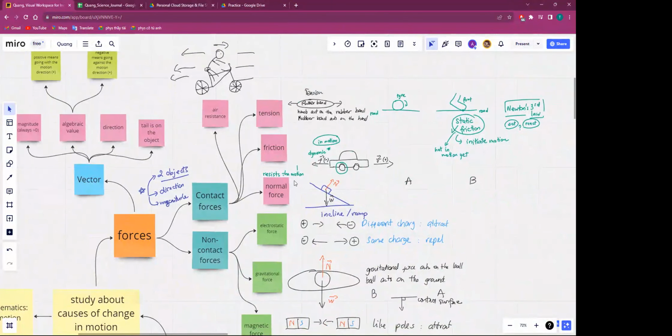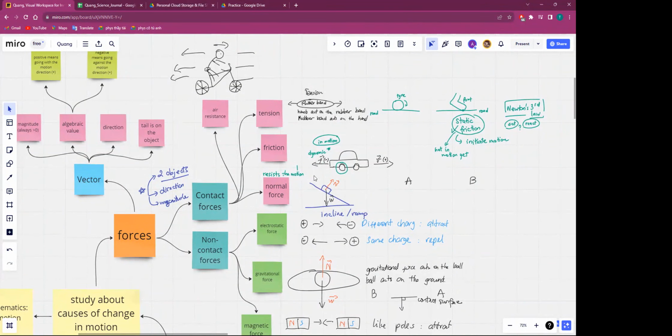And lastly, we have the normal force, which is the force going up from the middle, perpendicular to the ground.